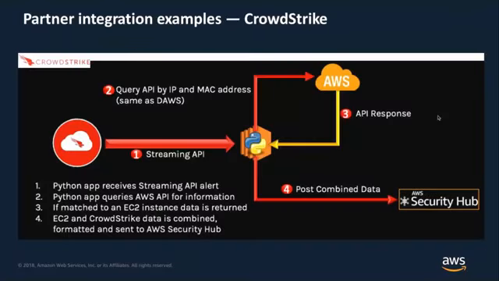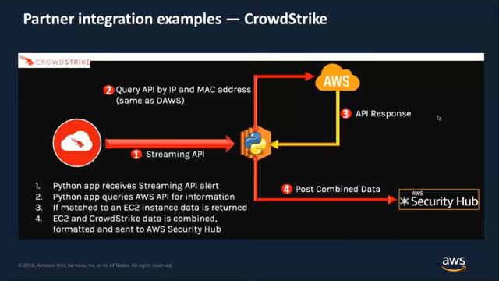I want to highlight just a handful of partner integrations to, one, give you a sense of what these integrations look like, and two, give you a sense of how easy it is to get started with them. CrowdStrike is an endpoint protection platform company. It uses a CloudFormation template to deploy a Python app into your AWS environment.